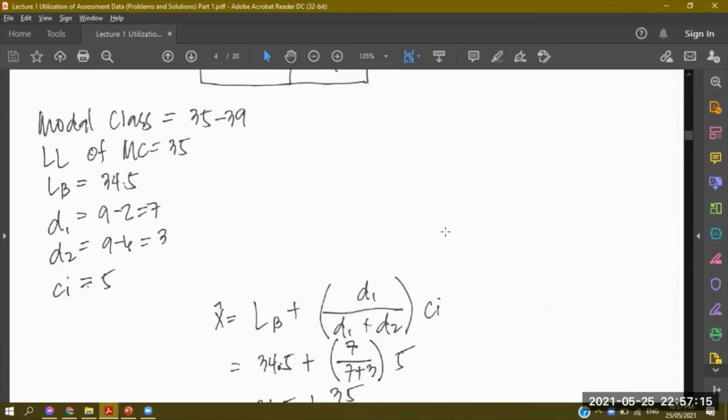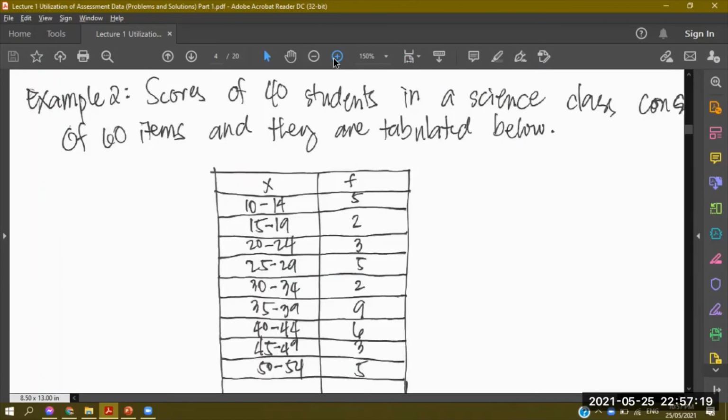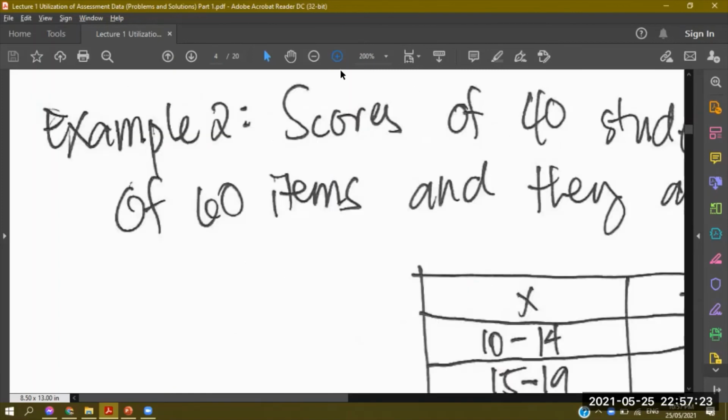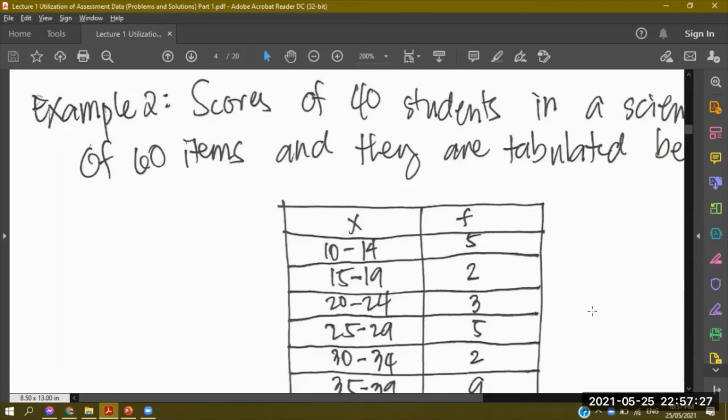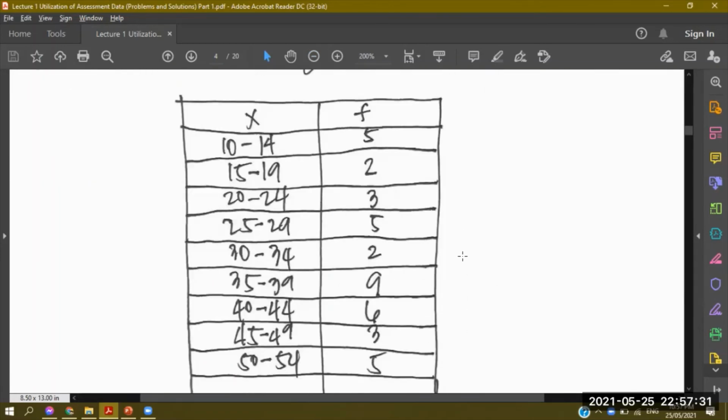So tingnan natin, balik tayo sa ating data para naman may makitang rason bakit naging 38 siya at bakit nahusgahan na mas marami siya or nag-occur siya several times. Please take note that 38 belongs to this modal class, 35 to 39.